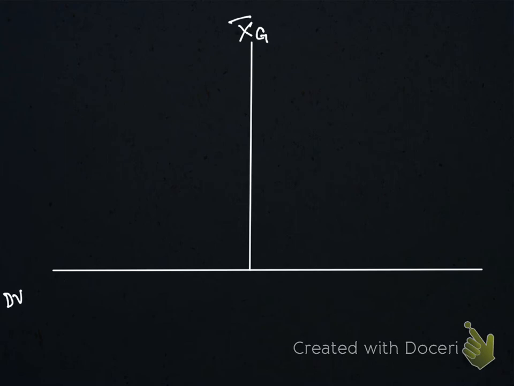So let's start with SFU. Let's say that SFU is somewhere around here. Let's pretend that's a normal distribution, based off of SFU's sample mean.